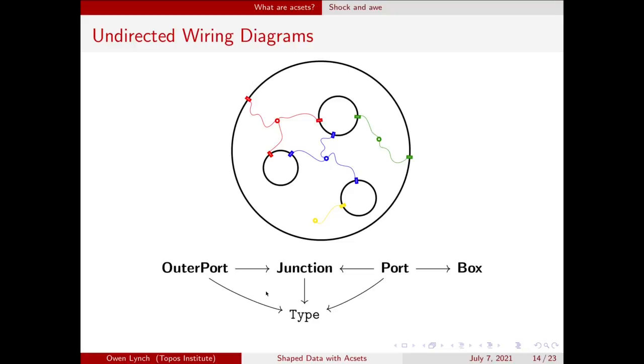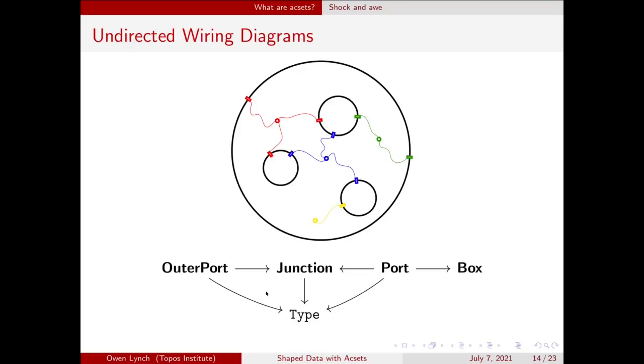And unlike before, the wires don't have sources and targets. The wires are just like a breadboard. If you've seen a breadboard, you just attach everything to a common thread, which is the junction. So each port is attached to a junction, and everything that's attached to a junction communicates to each other.